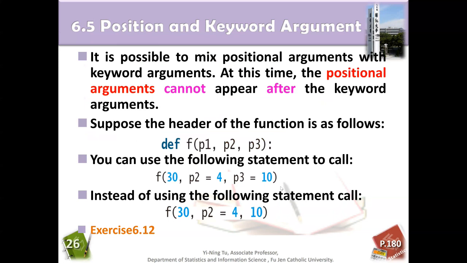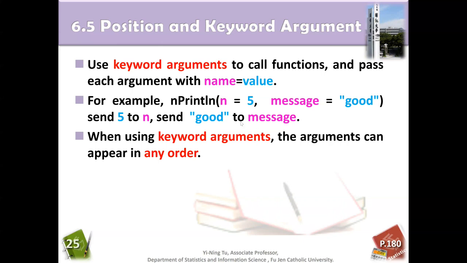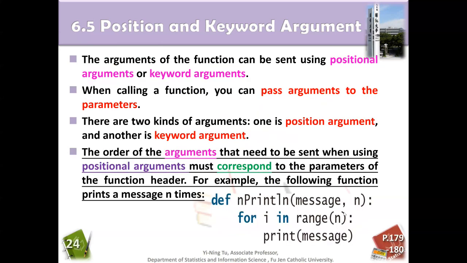But if we use positional arguments, by default, when we do not give the name, the function will think the first one is the message and the second one is n, because it's positional.